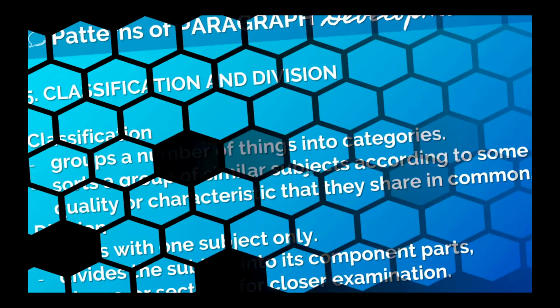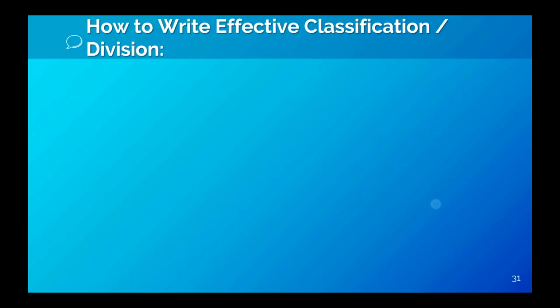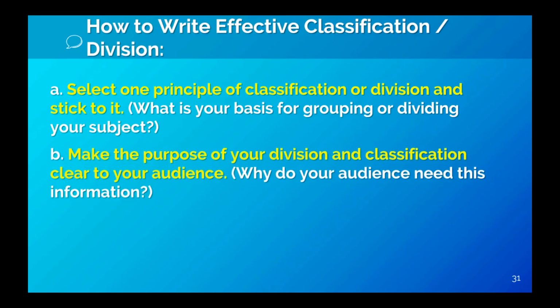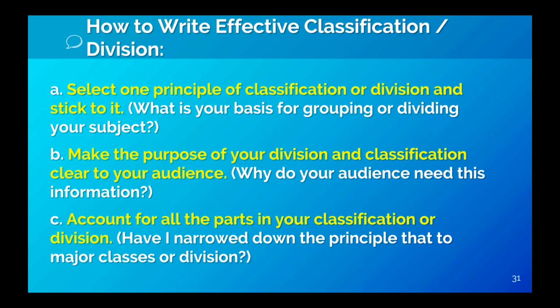Okay? Here are the questions we need to remember to write effective classification or division. What is your basis for grouping or dividing the subject? Why does your audience need this information? Because if it's not important, I think you don't need to classify or divide the topic anymore.